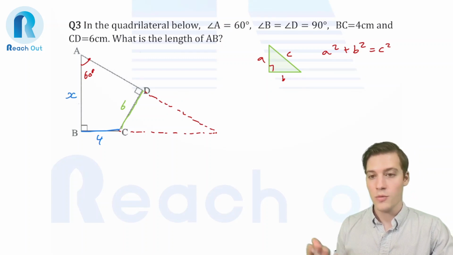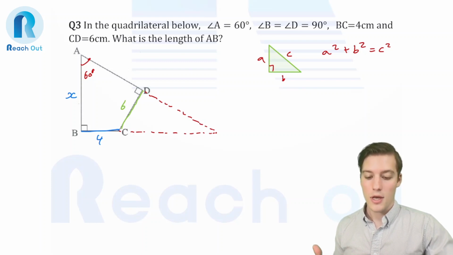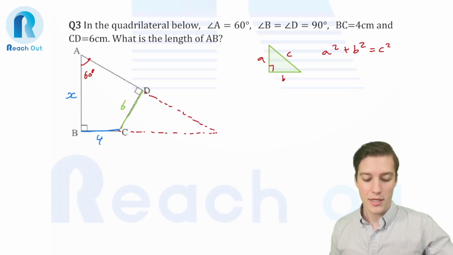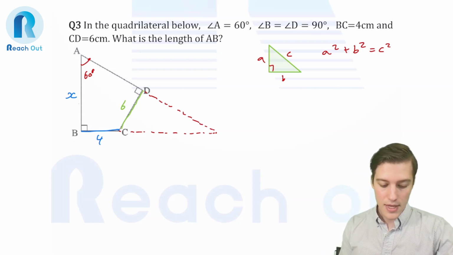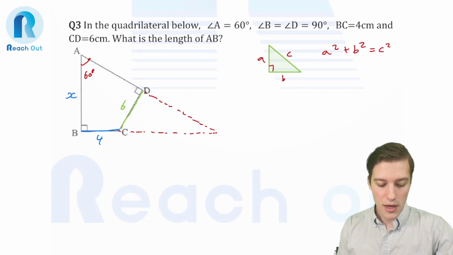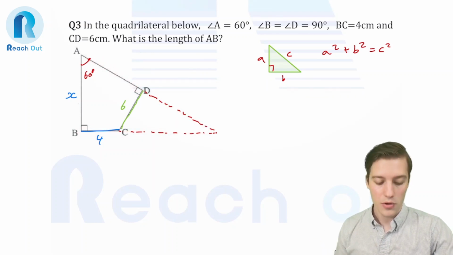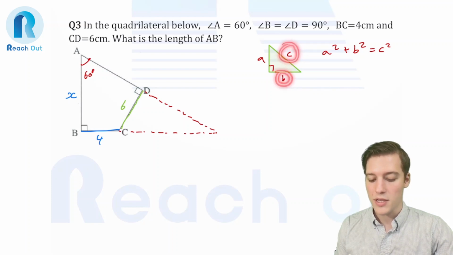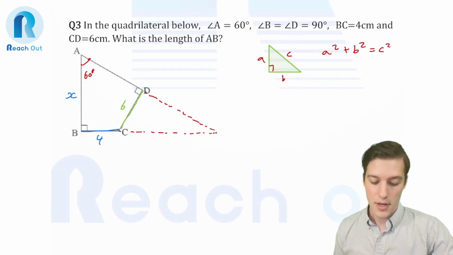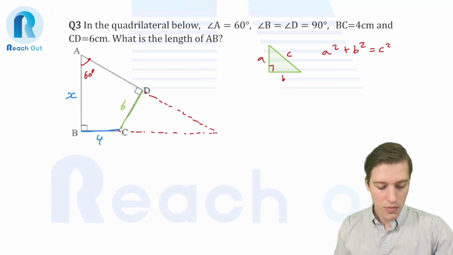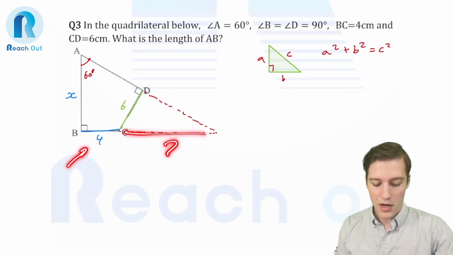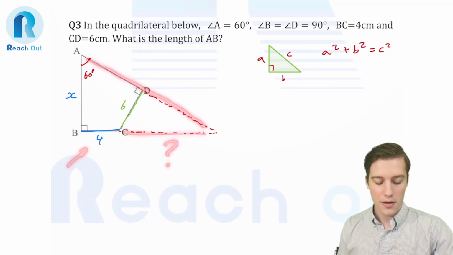In problem solving, if we don't know information, we can assign variables to it. The goal here is to get this side and this side, or some more information about those sides, because in the Pythagorean theorem you need two other sides to get the third one. So I'm part way here. I have this length, I don't have this length, and I don't have this length.